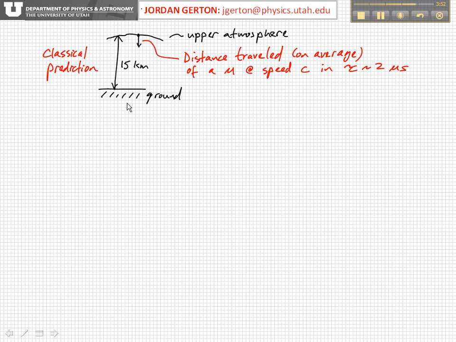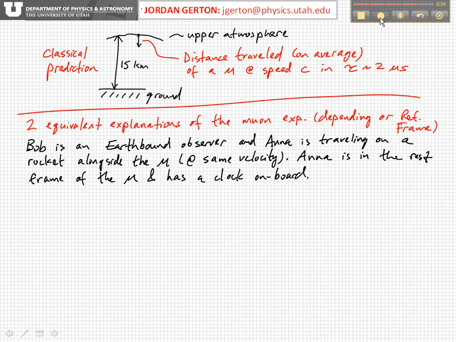Now let's look at two different relativistic explanations of the muon experiment, and these two different explanations are relevant in two different frames of reference. Okay, so to set this up, we're going to imagine that we have two observers, Bob and Anna. Bob is an earthbound observer, standing here down on the ground.